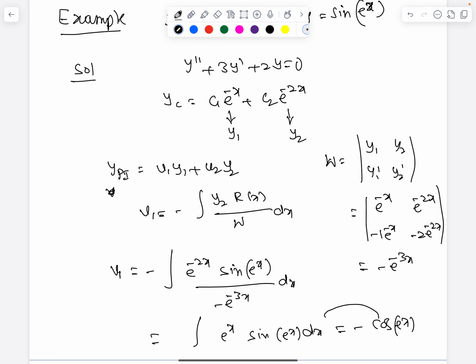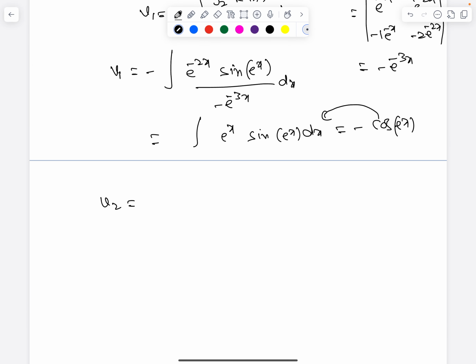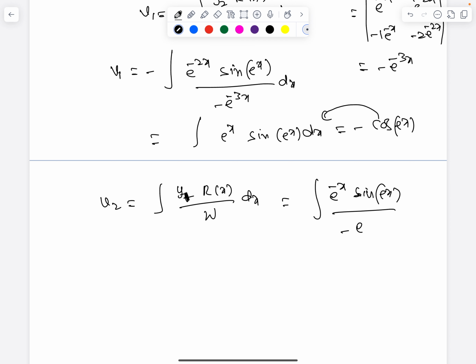You can get this by applying the derivative. Similarly, v2 is equal to the integration of y1 r(x) divided by W dx, where y1 is e^(-x), sin e^x divided by minus e^(-3x) dx, which after simplification is the integration of e^(2x) sin e^x dx.